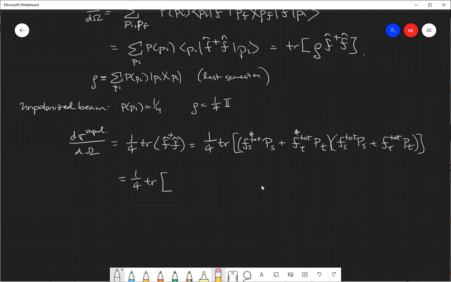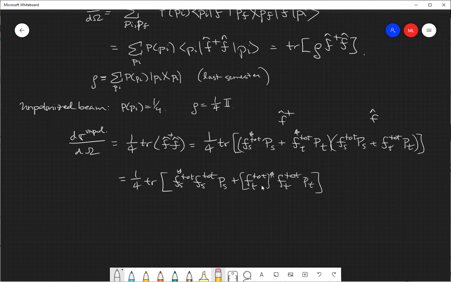So if you multiply this out, this f hat dagger times f hat, the only terms that contribute are just the diagonal terms. So it's FS total star times FS total. And then this would normally be the projector squared, but that's just the projector again. By definition, if you keep projecting into the space, you're still projecting into the space. So you just get that.